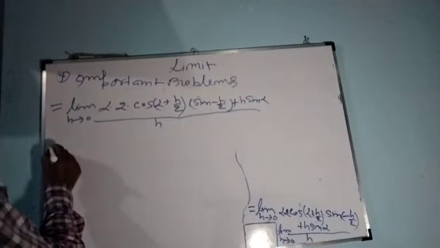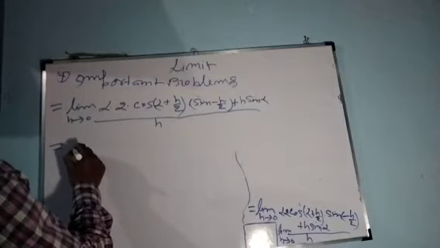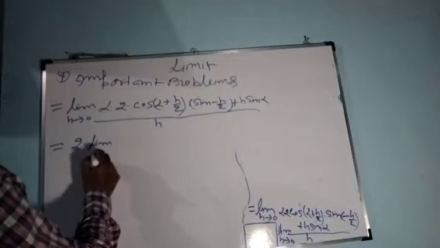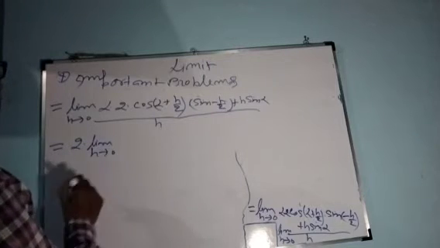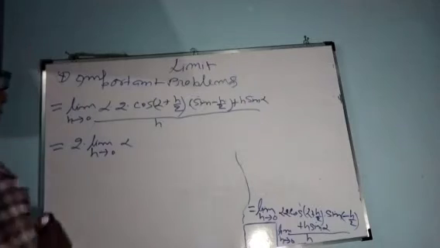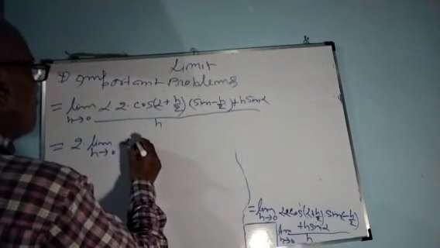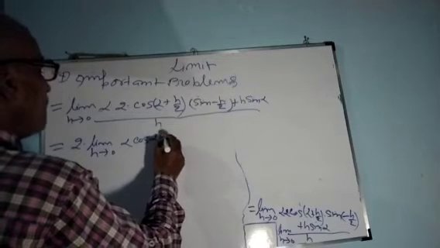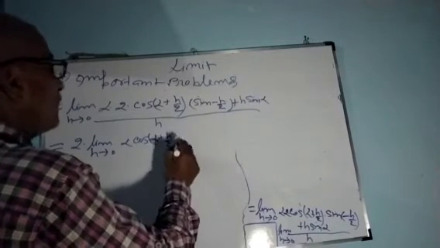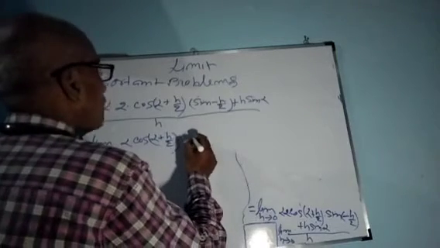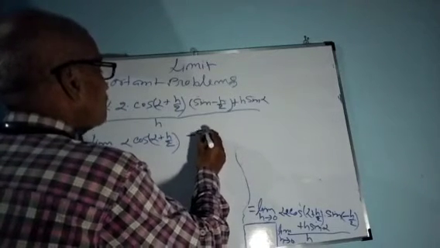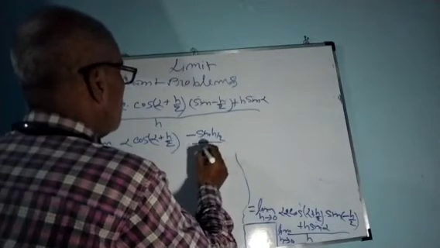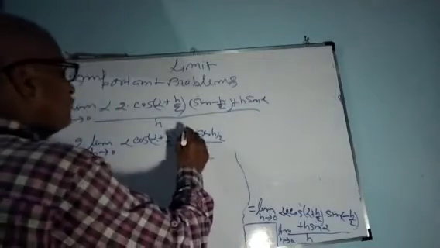Is equal to 2 into limit h tends to 0, alpha cos alpha plus h by 2 into minus sine h by 2 by h by 2 here.